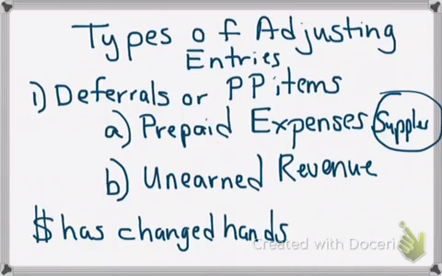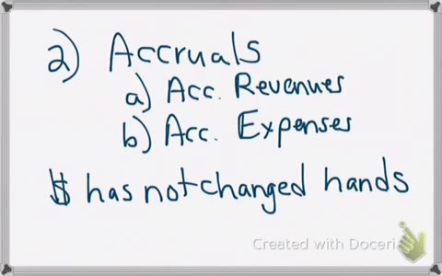For unearned revenue, we've been paid, but we haven't performed the service yet. As we perform those services, we have to move that money out of that liability account and into our revenue accounts. And so that's what we're going to be looking at for deferrals or prepaids. Just remember, money has already changed hands when we look at those types of accounts.